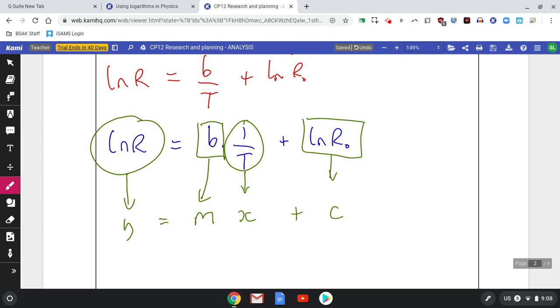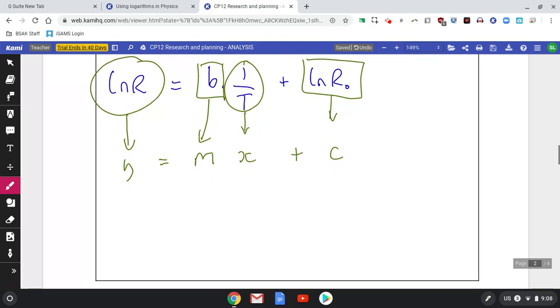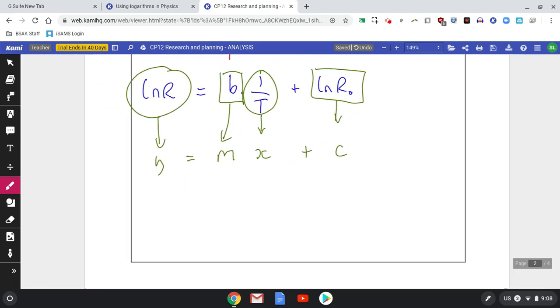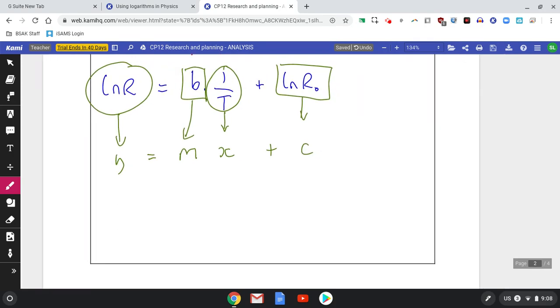So there you have it. We've now rearranged that equation into the form y equals mx plus c. It only means now that the last bit is plotting the graph. So what are we going to plot?